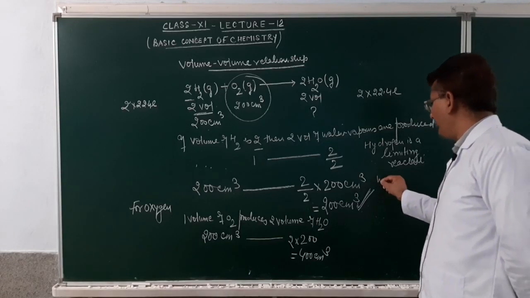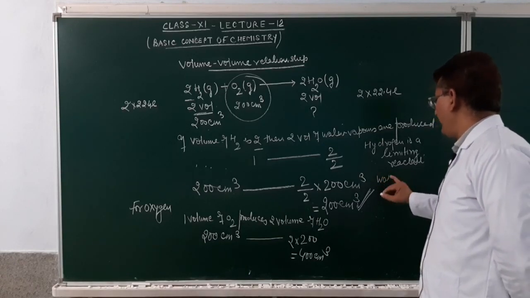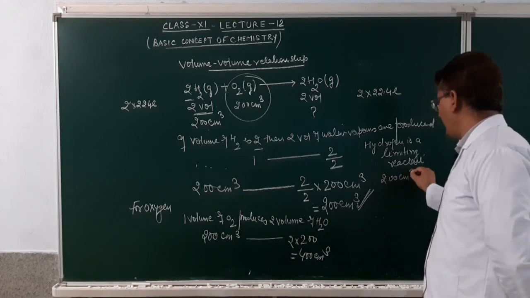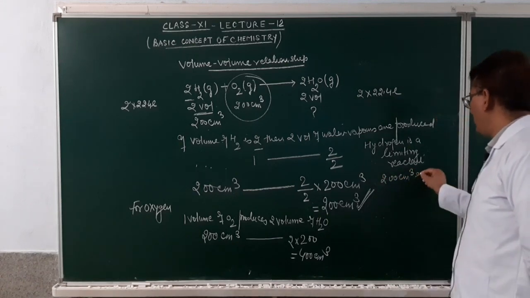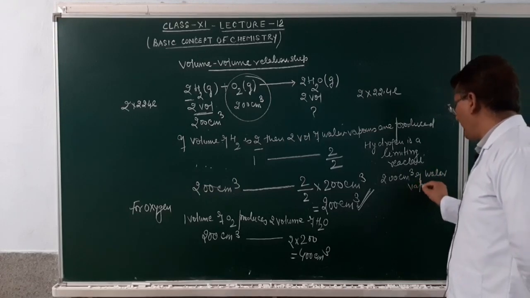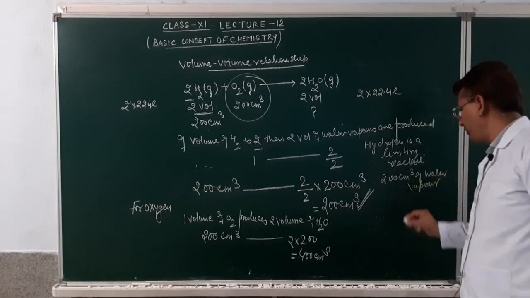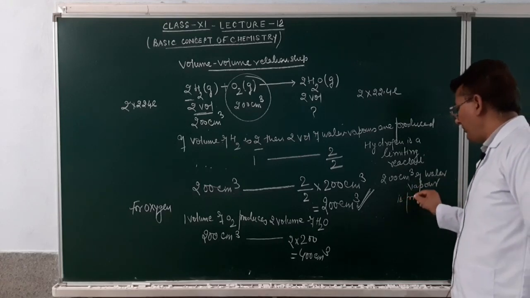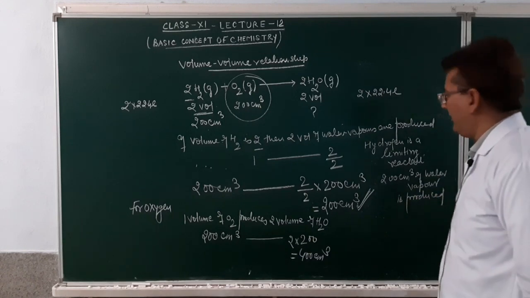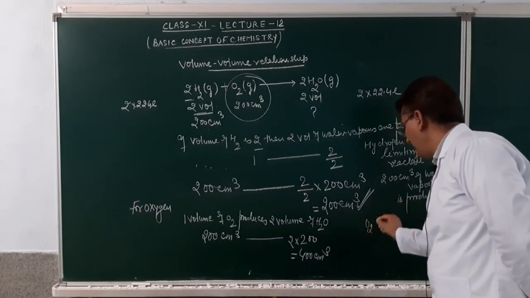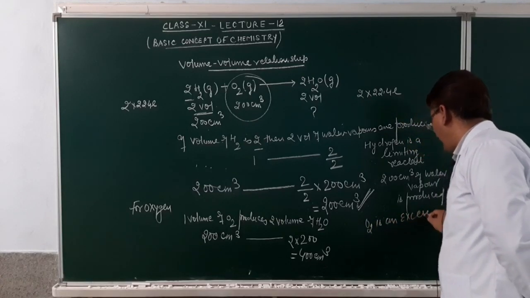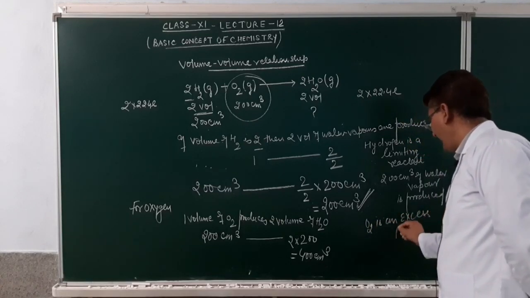The water vapor produced will be 200 ml, so 200 centimeter cube of water vapor is produced. Name the excess reactant over here. In this case, oxygen will be the excess reactant.